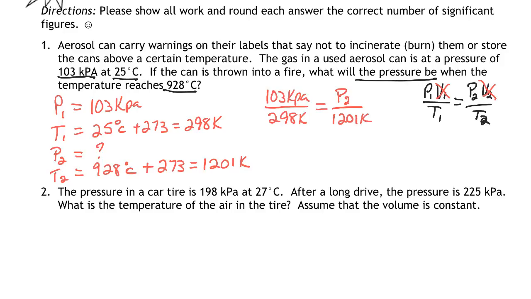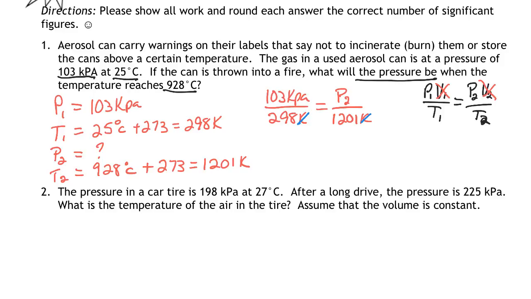Now the next thing I like to do is try to get rid of as many of these units as possible. So I'm going to look at my formula, and if I see that I've got the same unit on one side of the equal sign as I do on the other one, I can actually get rid of it and not keep that with my number. This way I know the only unit I've got left is kPa, so that's going to be the unit that I'm going to need with my answer. So let's go ahead and solve this problem.